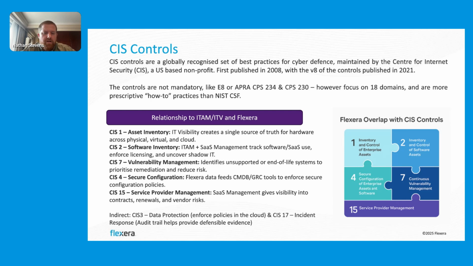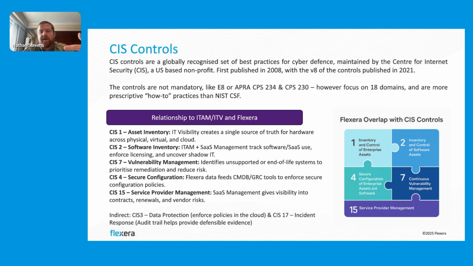The indirect overlaps are very similar as well, with direct and indirect relationships to NIST for Flexera. Here is a number of those controls under 3, 5, and 17. How do we provide data and information back to help support a number of those other controls? One I picked out here was number 17, incident response.